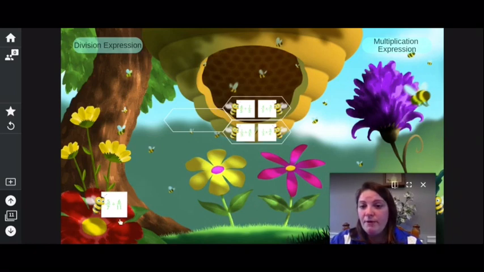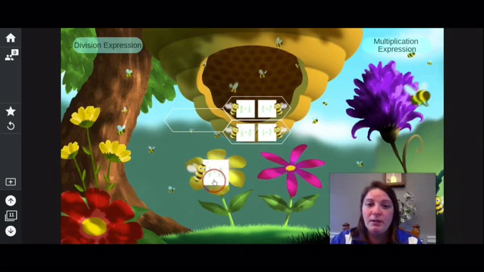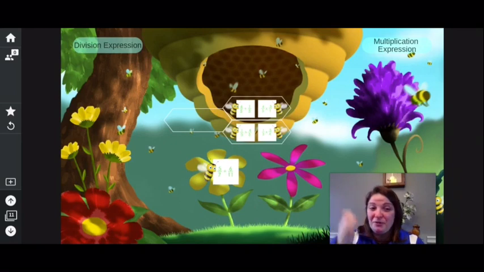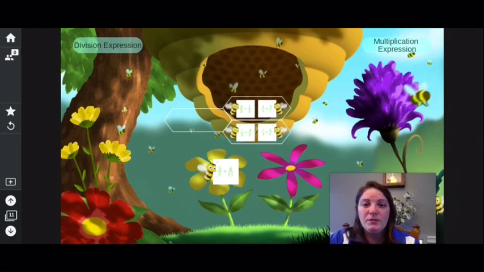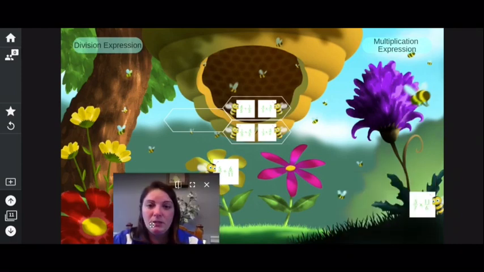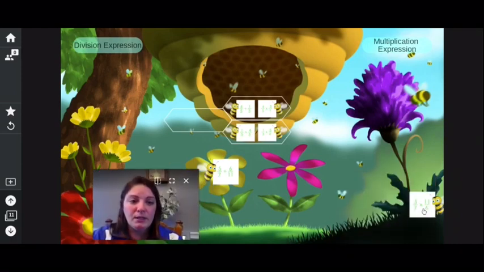So if we have 5/7 divided by 6/11, I covered the answer because there was only one left. So let's see if you can figure out what it would be. What would we do to get the multiplication sentence? Yeah, 5/7 times 11/6.